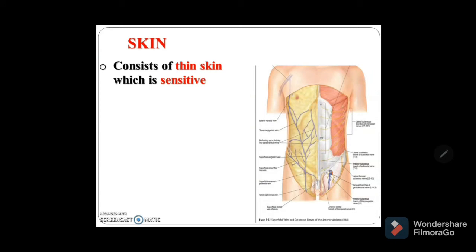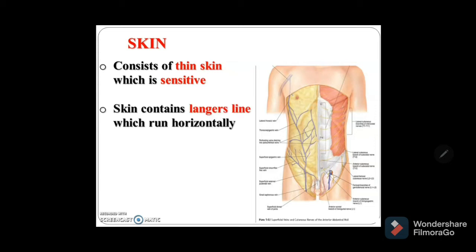Coming to skin, it is thin and sensitive compared to the posterior abdominal wall skin, and it has Langer's lines which are horizontal in direction. The skin is sensitive, that's why before palpation you should rub your hands to make them warm, so that the patient will not have rigidity and guarding during abdominal examination.